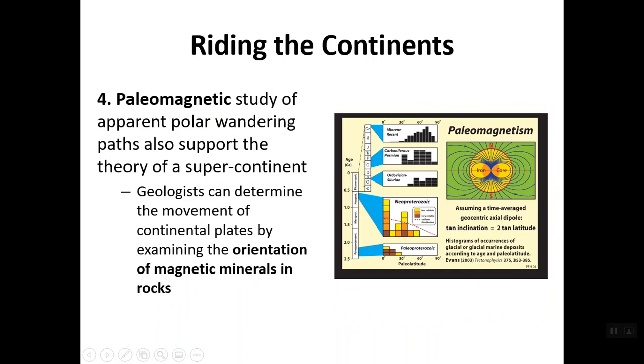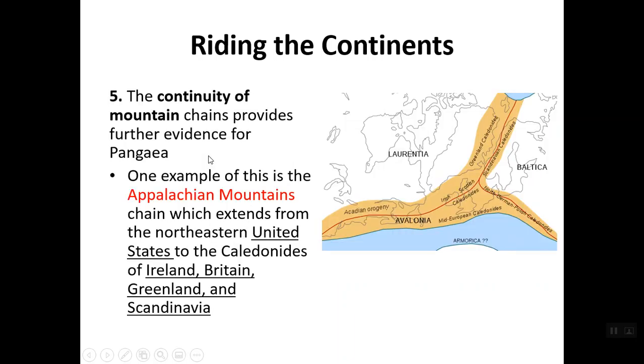Other geological evidence is, for instance, paleomagnetism, which studies the orientation of magnetic minerals in rocks. Again, it gives a strong suggestion of the existence of Pangaea. And ultimately, the continuity of mountain chains provides a lot of evidence for Pangaea.